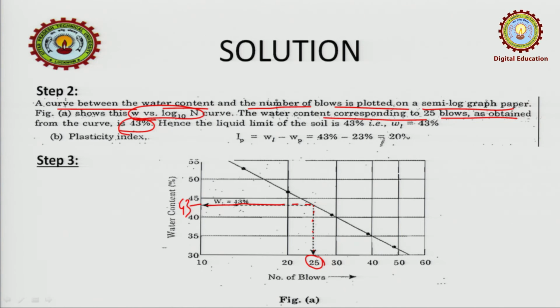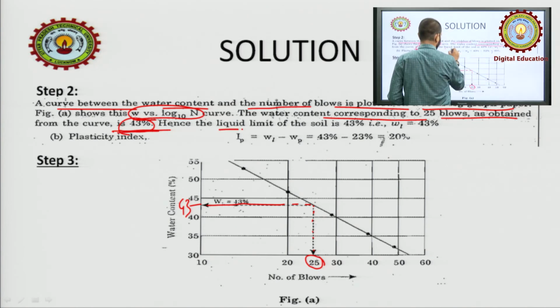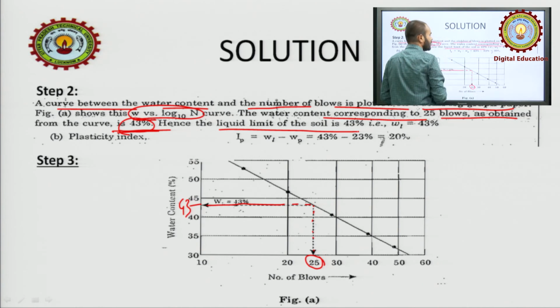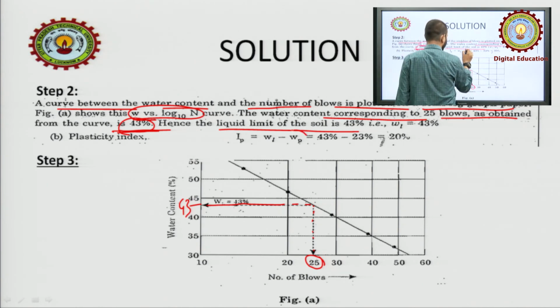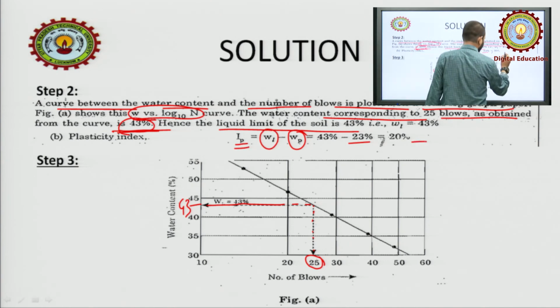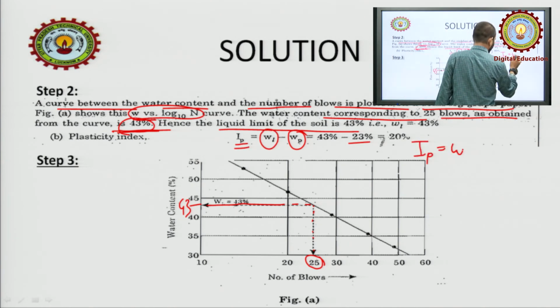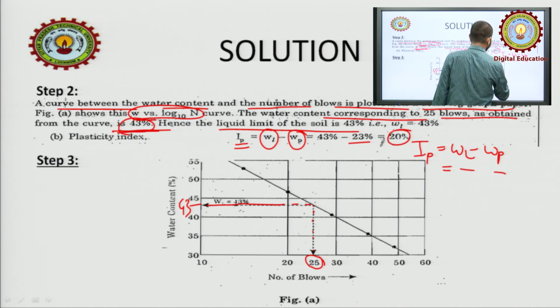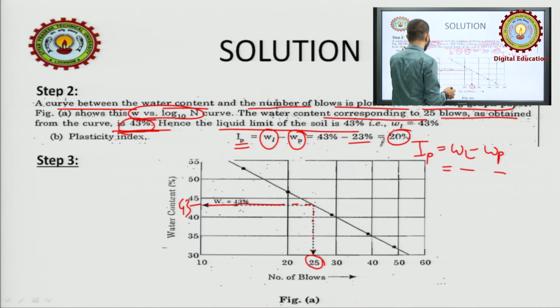Remember, we find the water content at 25 blows only, which becomes our liquid limit. So, here this is our liquid limit, 43%. Now, we were given the plastic limit in the question and the liquid limit we have found. So, IP, what is IP? WL minus WP. So, we can just subtract both of them to get 20% as the plasticity index.